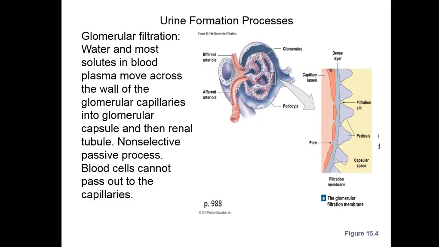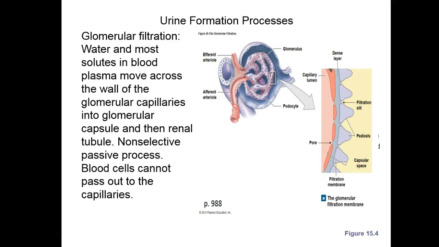The filtration with regard to what comes out of the glomerulus is mostly water and solutes. And it's a non-selective process. So it is passive, and non-selective except that it's based on size.